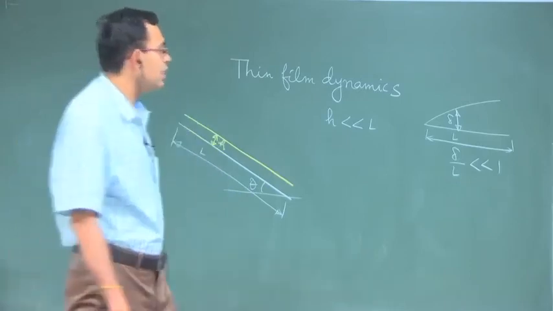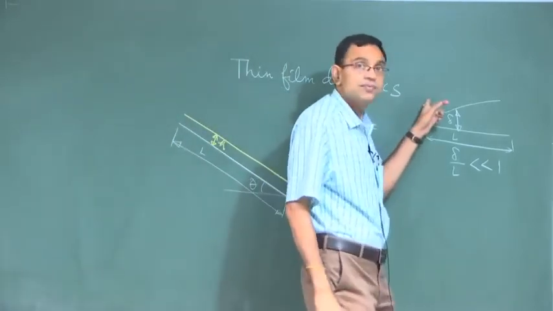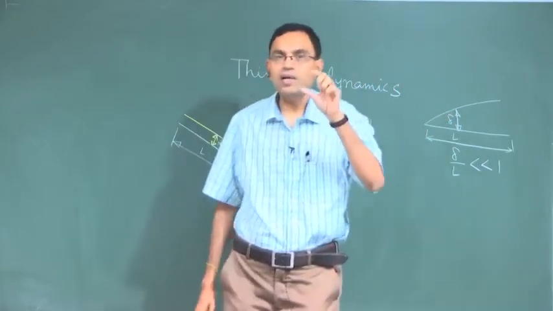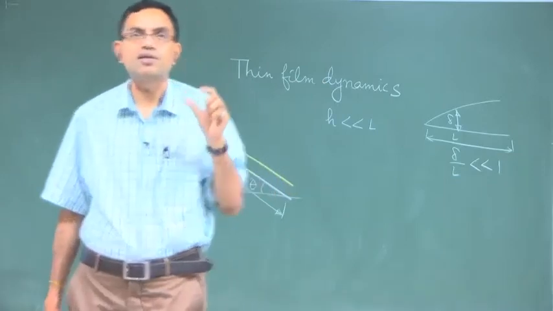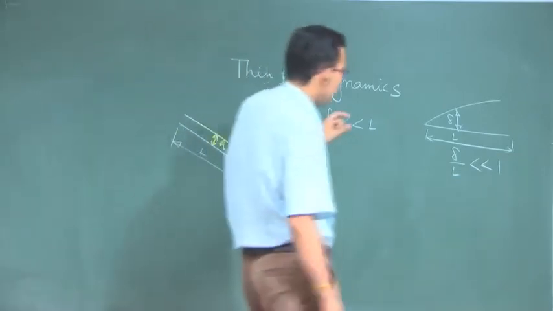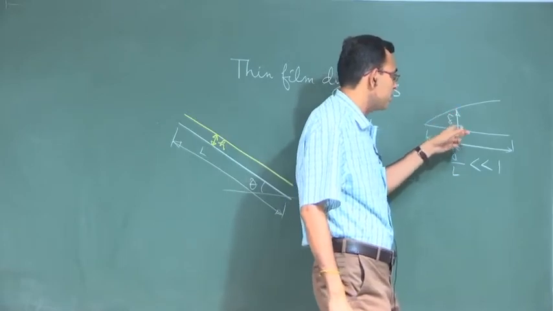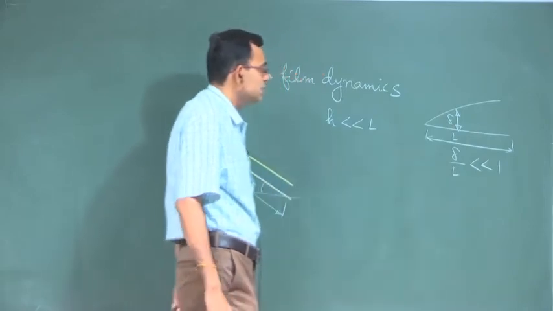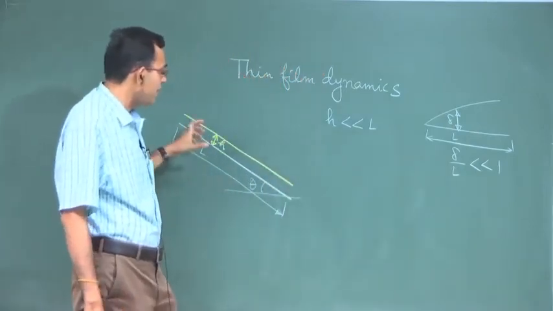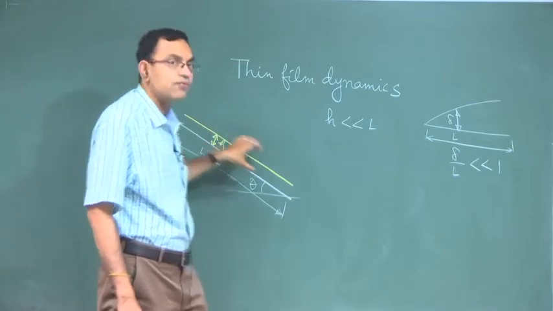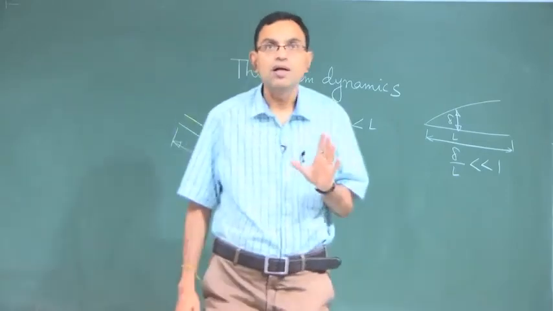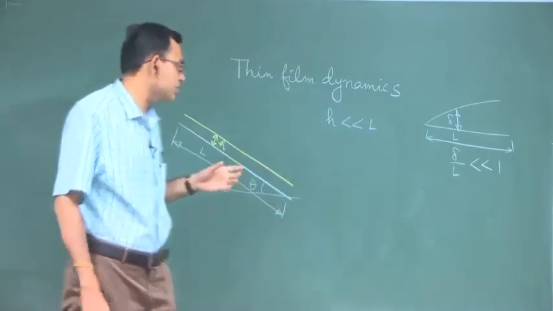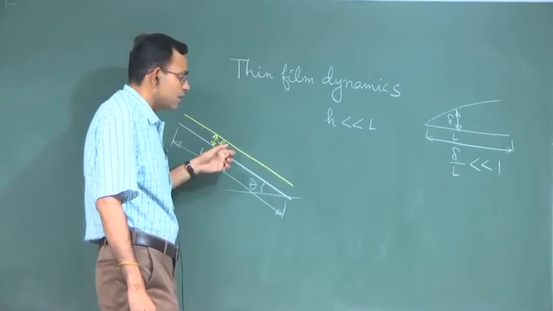In the boundary layer theory we are talking about a very high Reynolds number flow, because the boundary layer is thin only when the Reynolds number is large. On the other hand, we are talking about typically sluggish or low Reynolds number flow in thin film dynamics, although thin film dynamics does not bother so much about the Reynolds number.